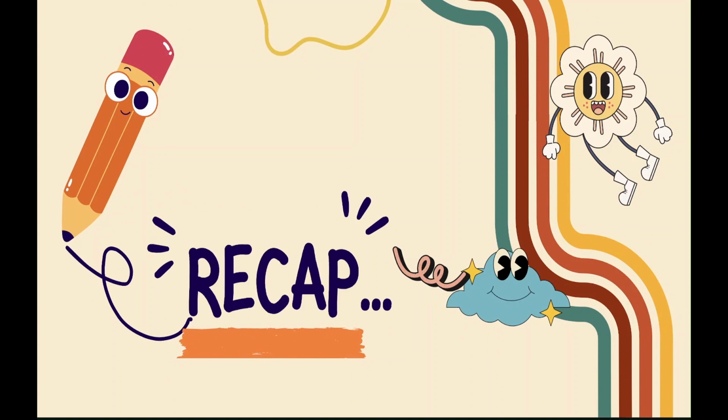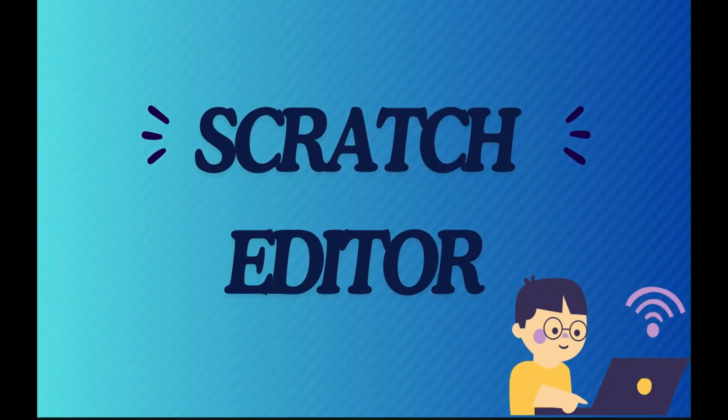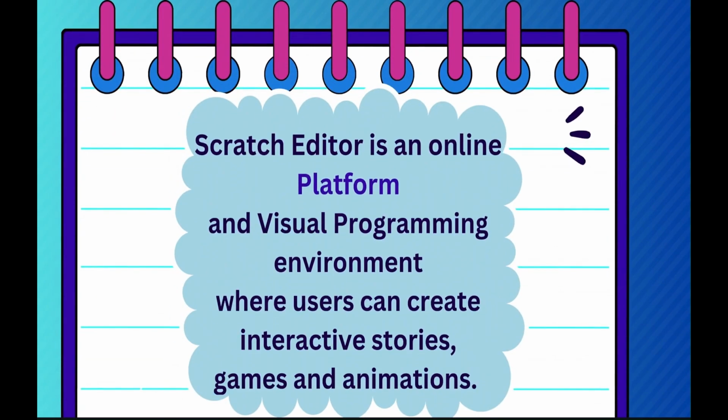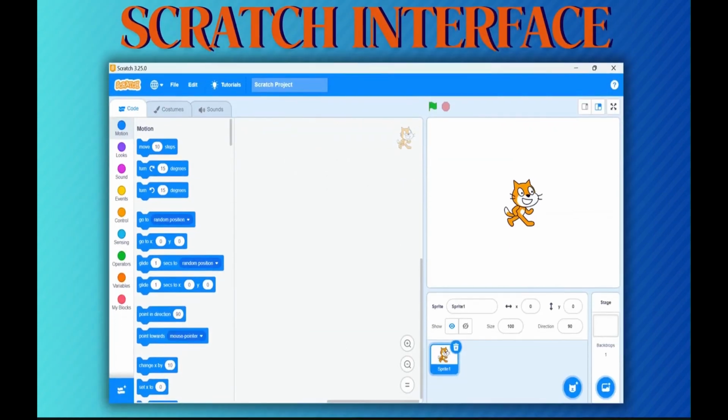Do you guys remember what we did in our earlier video, or have you forgotten everything? I hope you remember, and that is here as a recap. In our earlier video, I introduced the Scratch Editor to you, and what is it? It is an online platform where we are going to do our work. And this was the Scratch interface.